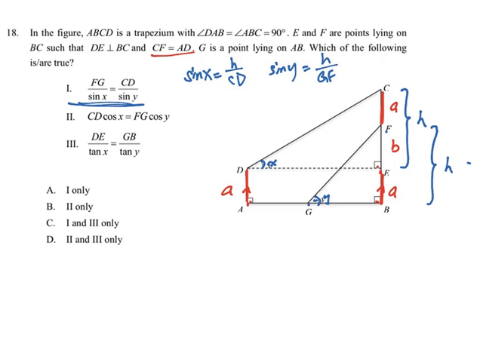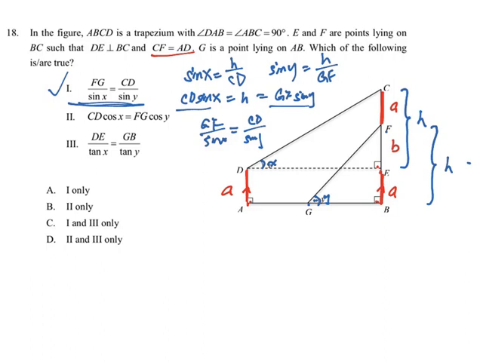Because they both have h, we can write h equals CD sine x and GF sine y. So we compare these two: GF over sine x is equal to CD over sine y. Exactly, so 1 is correct.